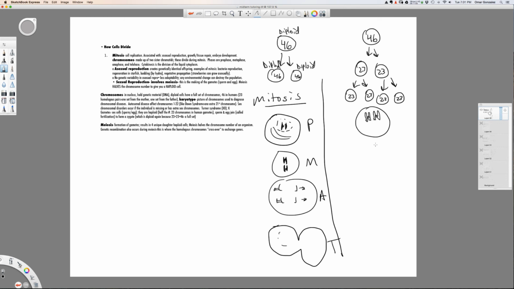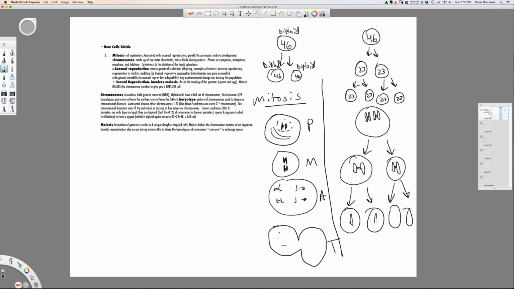So that gives you your full set. At the end of meiosis 1, the mom chromosome totally separates from the dad chromosome. And then the rest of meiosis, which is called meiosis 2, has just 1 chromosome in each, and the chromosome number is halved.